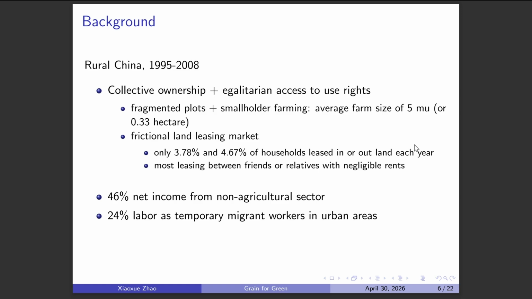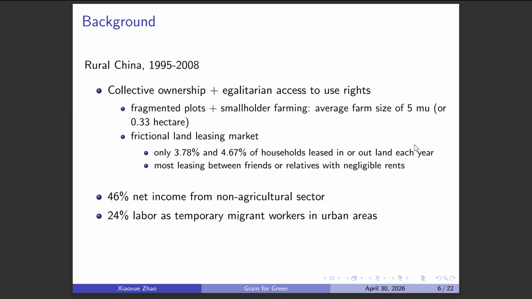Because of this land system, at least during the time period that we study, agriculture in rural China is dominated by smallholder farmers with highly fragmented plots. Based on our sample, the average farm size of a rural household in China during this time period is just 5 mu, which is around 0.33 hectares.